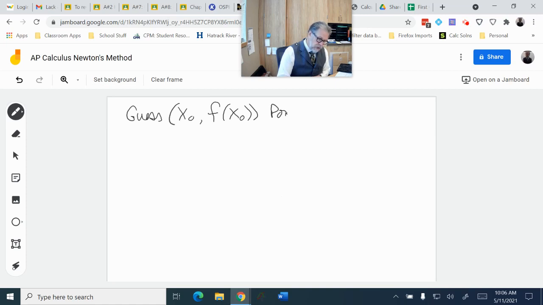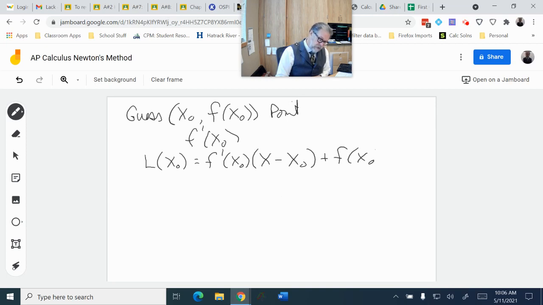There's my point. And if I take the derivative, I can calculate the derivative at that point. And the linearization at x sub 0 is equal to the derivative, or slope, times x minus x sub 0 plus f of x sub 0.